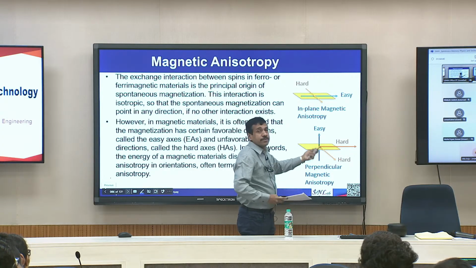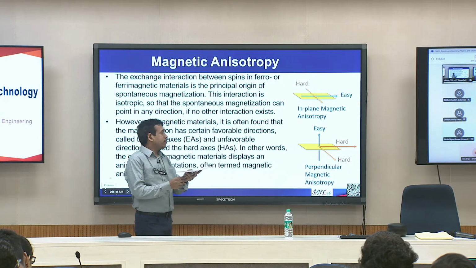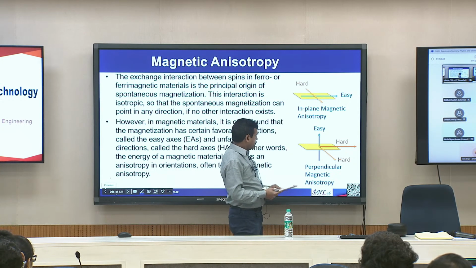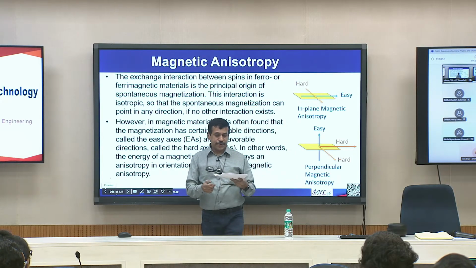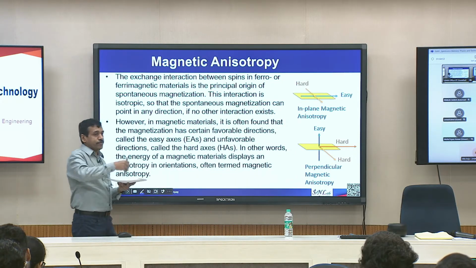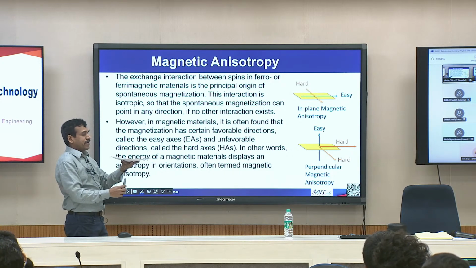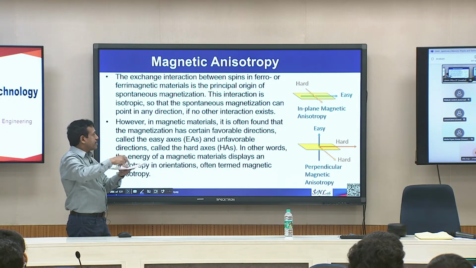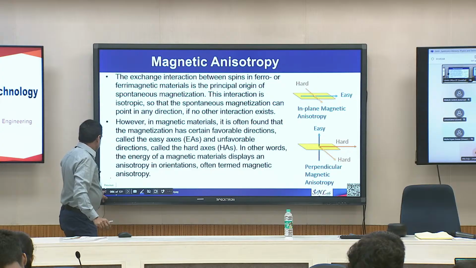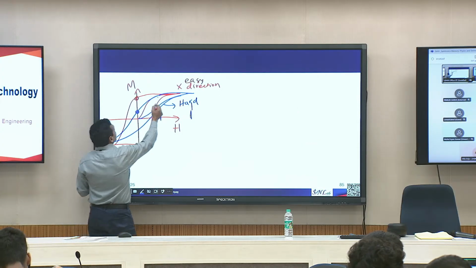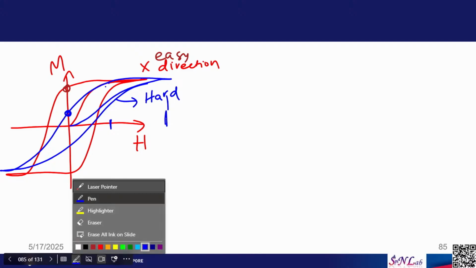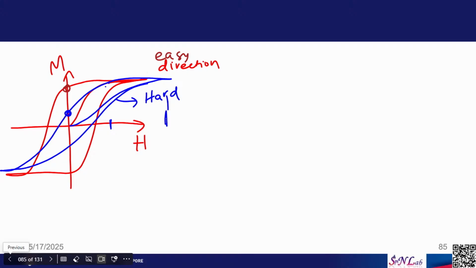Then let us take another piece of sample. Let us say another piece of sample is a different type of sample from what we have here. So, in this case, let us say I apply magnetic field perpendicular to the plane. So, my magnetic field is along this direction. I am measuring the hysteresis loop perpendicular to the plane of the sample. Okay. So, the perpendicular direction is Z, right.